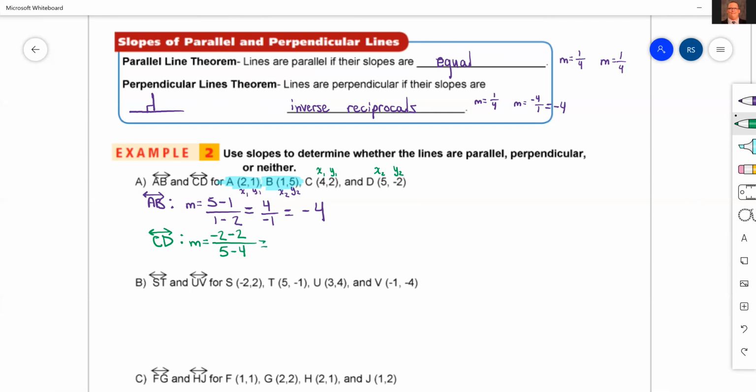So that's going to equal, let's see, -2 minus 2 is -4. 5 minus 4 is 1. -4 divided by 1 is -4.